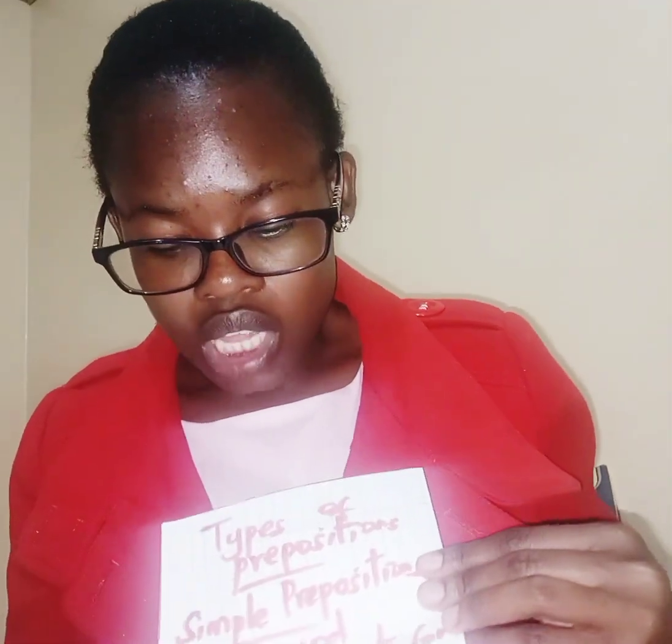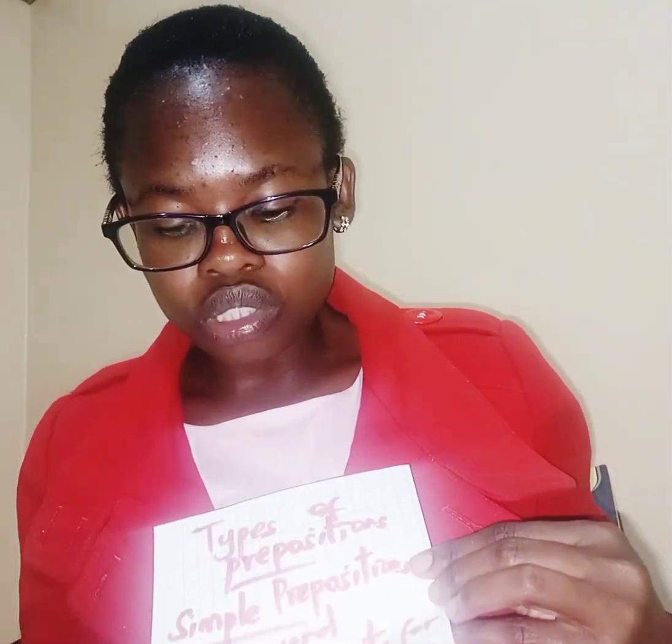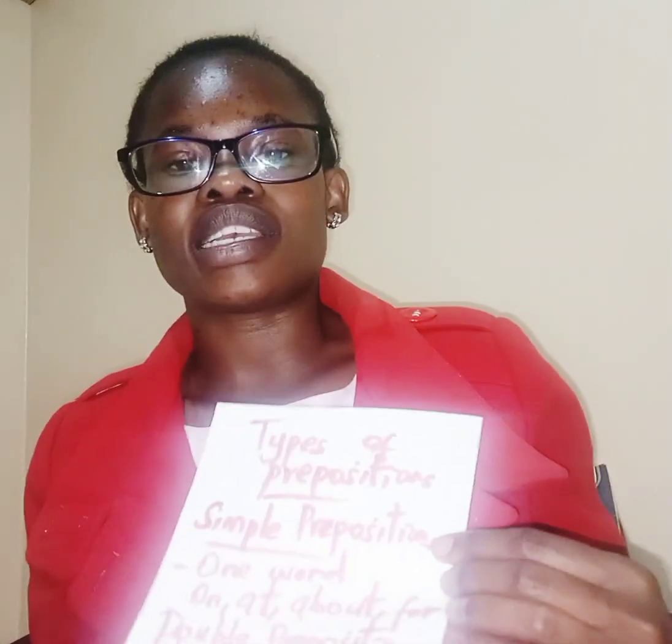For example, on, at, about, for, etc. But we also have double prepositions which are made up of two words. For example, into. You can say into is made up of in and to. Within is made up of with and in. Upon, onto, on and to.